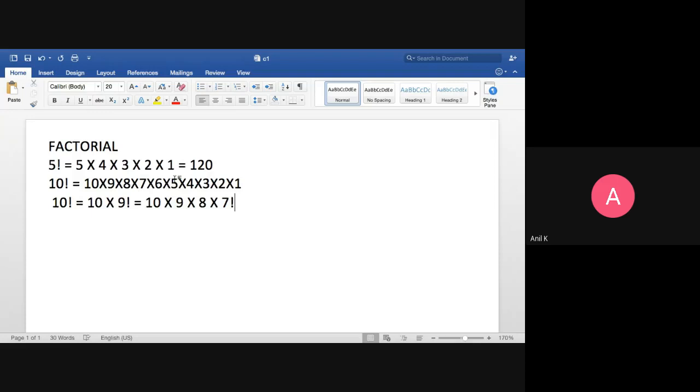This way also I can put it, as per our question. Instead of writing 7 factorial, if you want to stop at 8 only, I can put this as 8 factorial.